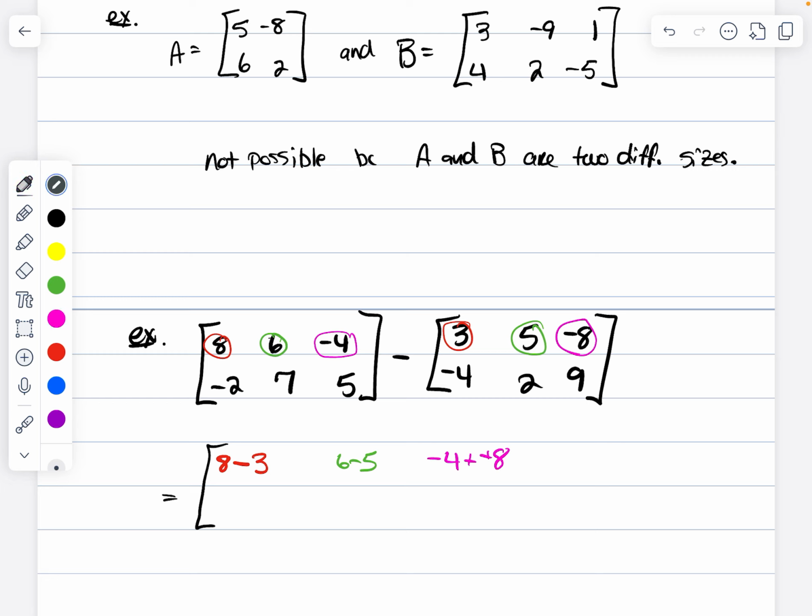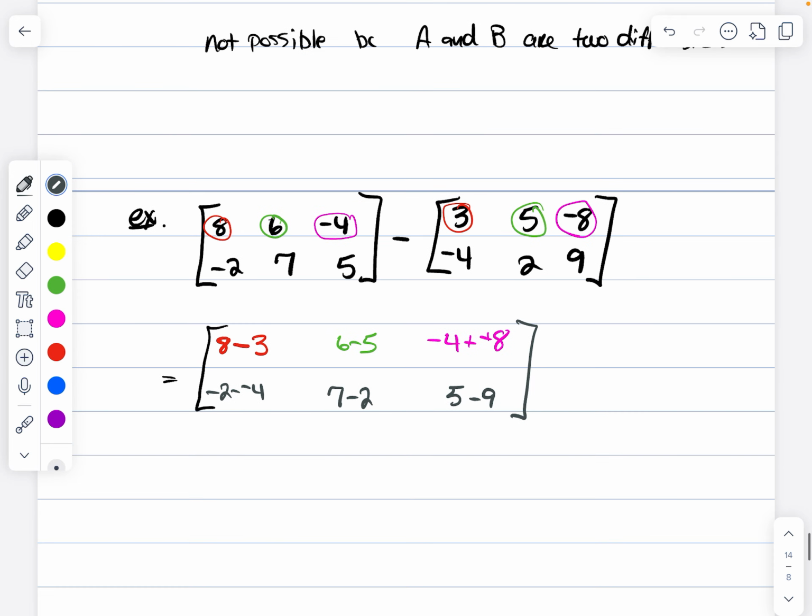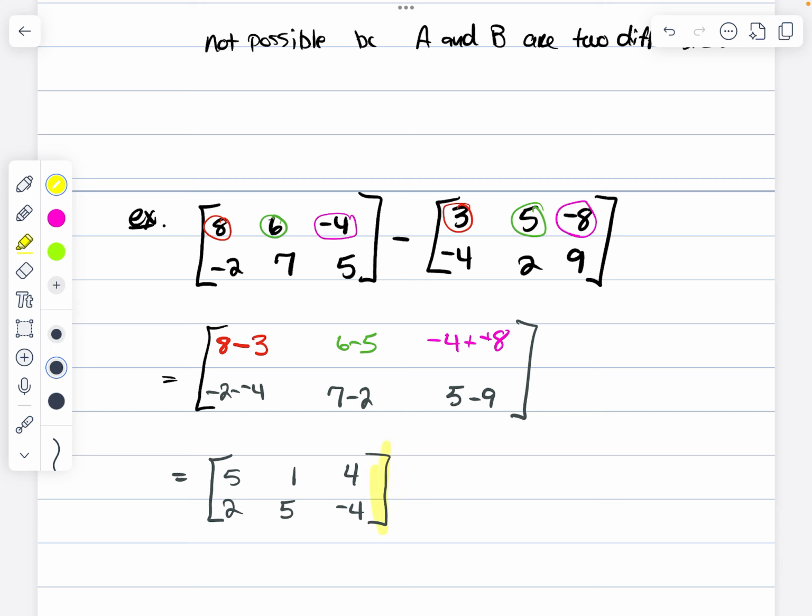So this one would become negative 2 minus negative 4, 7 minus 2, 5 minus 9, for a result of 5, 1, 4, 2, 5, and negative 4. That would be the result here.